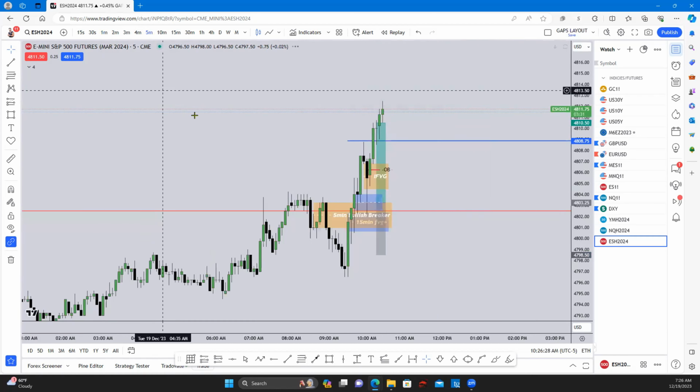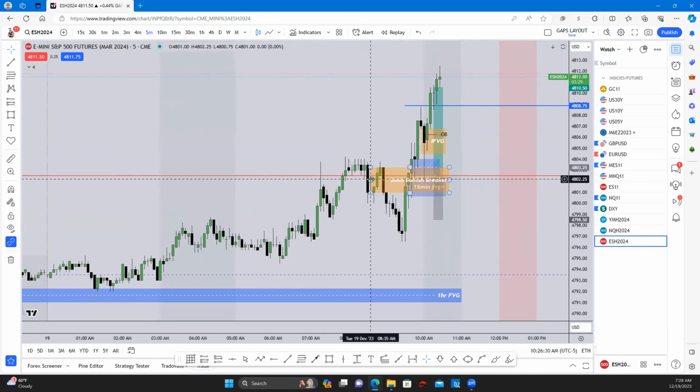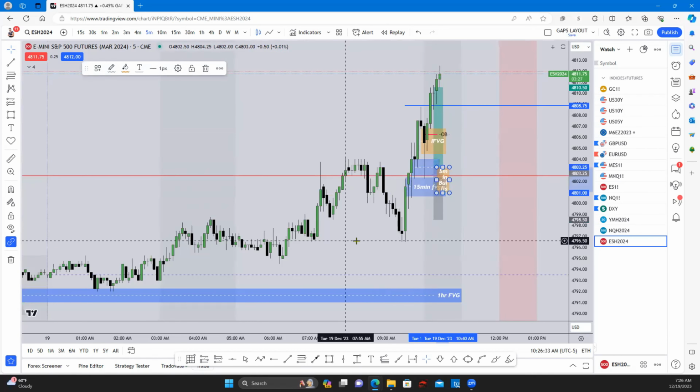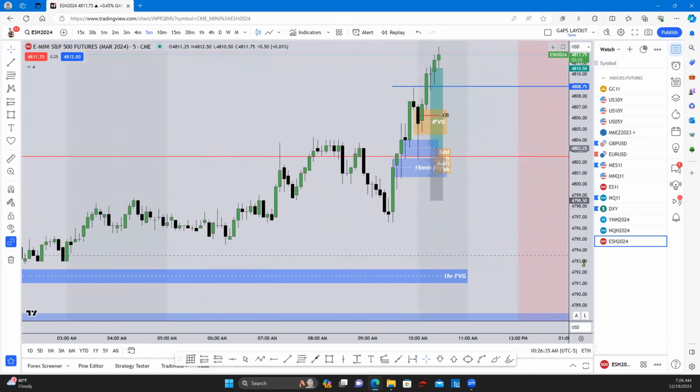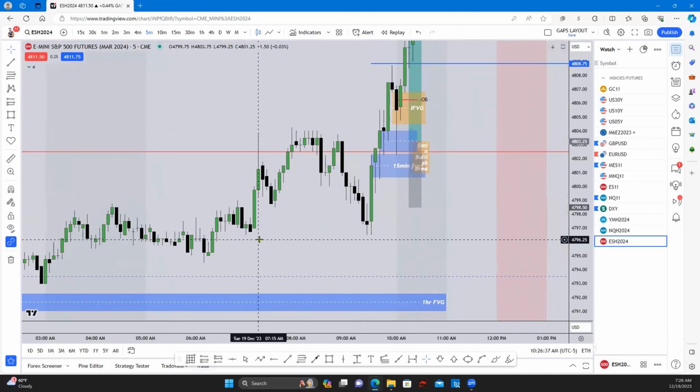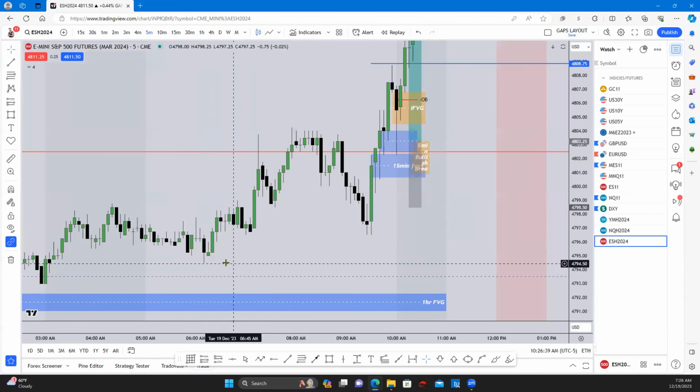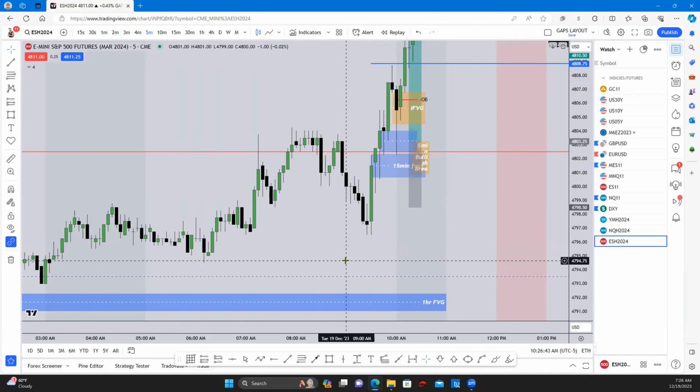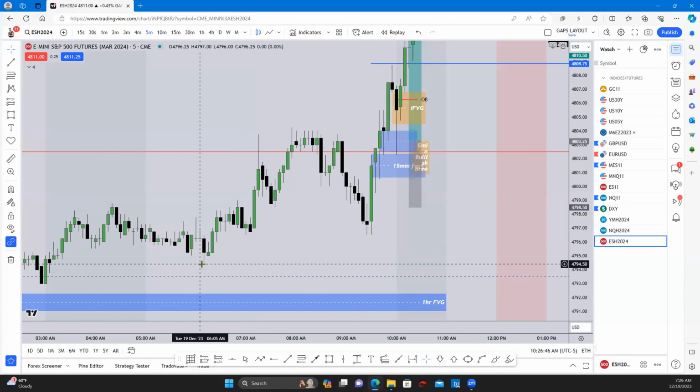So added bonus, one thing I've continued to notice, and I'm pretty sure this is an ICT OTE model, from 7 to around 9:30 opening. Now pay attention here.